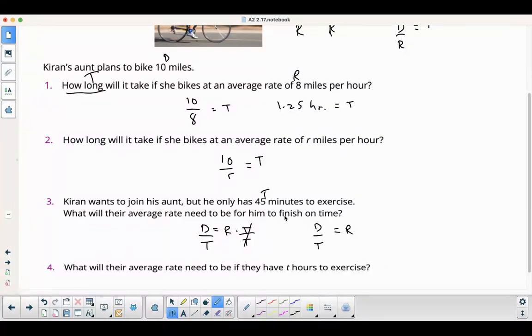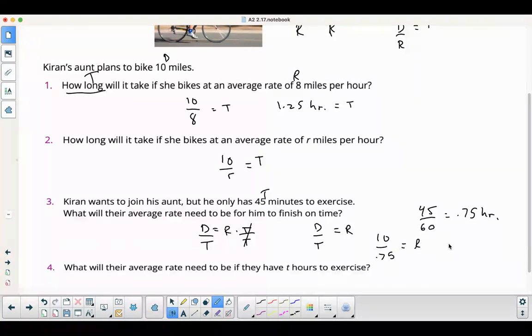Now I want to stay consistent with my units. This is in minutes, and the rate is in miles per hour. So why don't we do this? 45 minutes divided by 60 minutes is 0.75 of an hour. So I'm going to use 0.75 for t. So 10 divided by 0.75, that'll give me my rate in miles per hour.